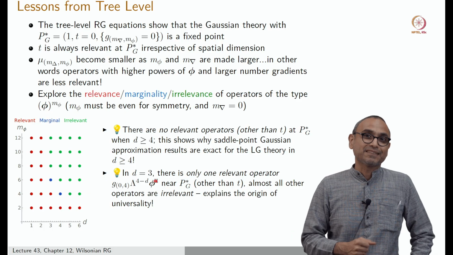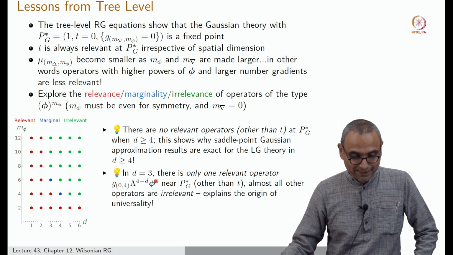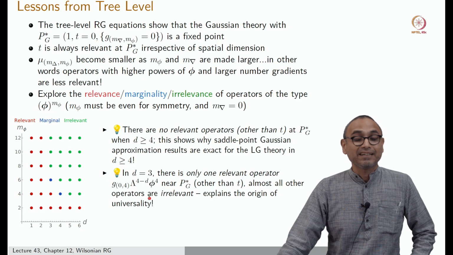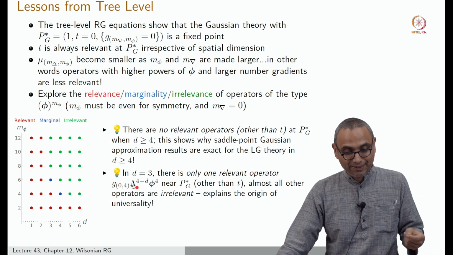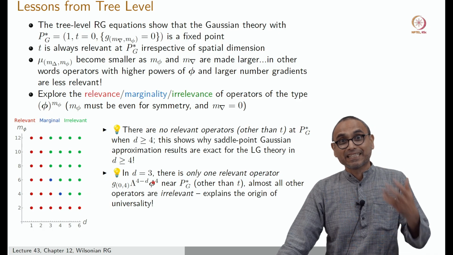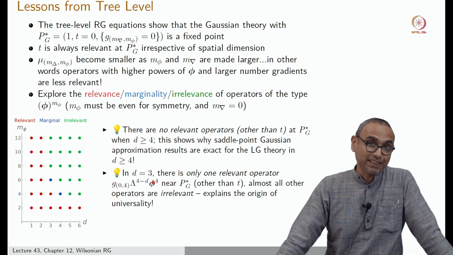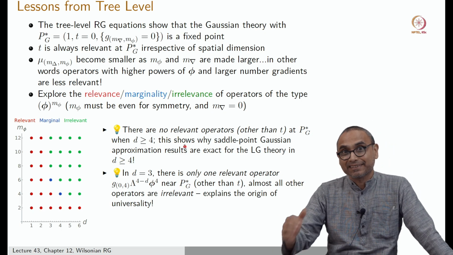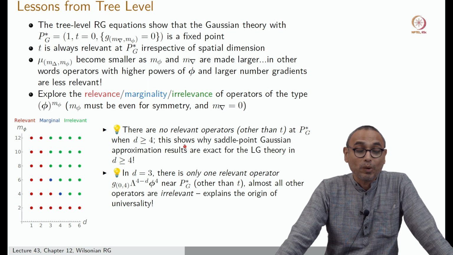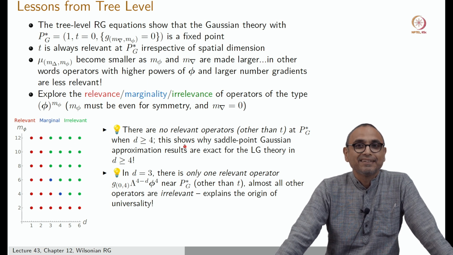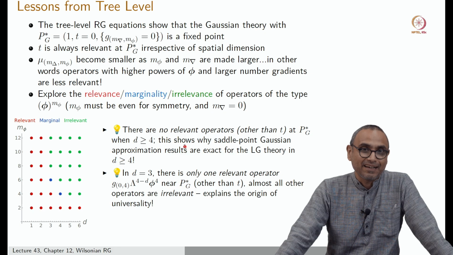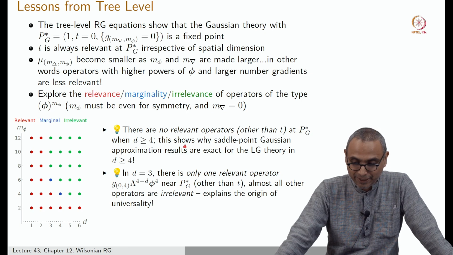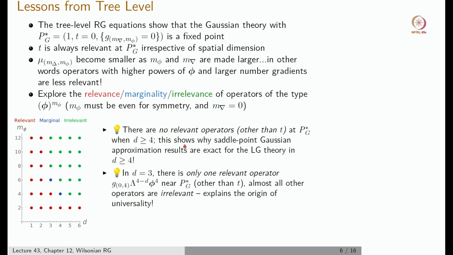And in the context of this O(N) symmetric Landau-Ginzburg theory, we see that they are t and the coefficient of phi^4, which determines the physics near the Gaussian fixed point of such theories. Okay. So we have already seen from this renormalization group analysis two extremely important results: we understand why Landau-Ginzburg saddle point is very good in higher dimensions, and also we understand the origin of universality, in the sense that there are only a few relevant operators near fixed points.